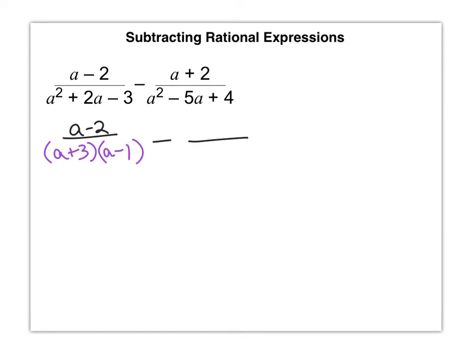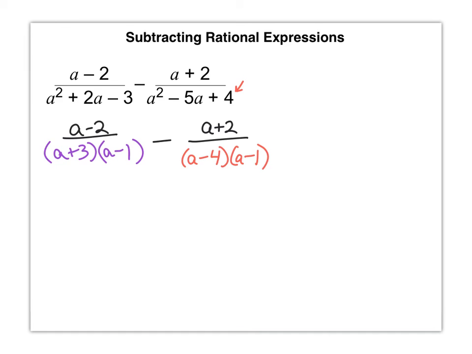Minus the second fraction, whose numerator is a plus 2. If we factor the denominator of the second fraction, we are looking at factors of 4 that add up to -5. So those factors would be a minus 4 and a minus 1.